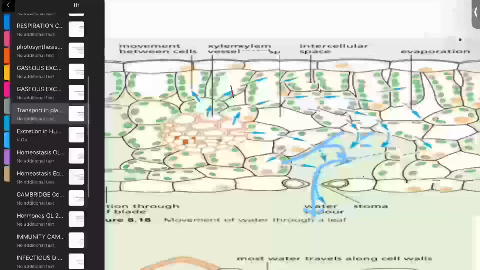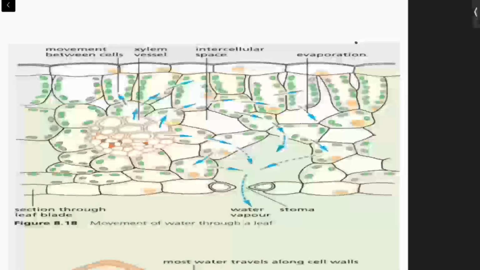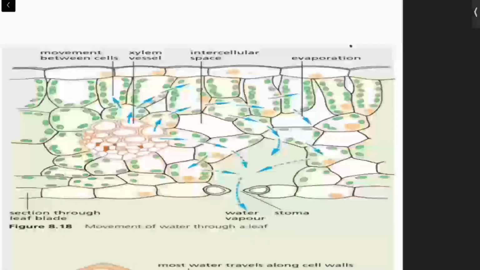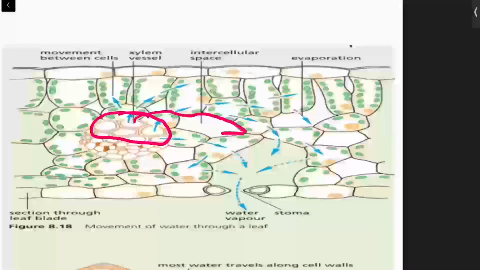Can you see this diagram? Full-time people, I have not done transport in plants, so don't worry. It comes to the leaf through the xylem, which is right here. From the xylem, it passes between the leaf cells to the surface of the mesophyll cells.